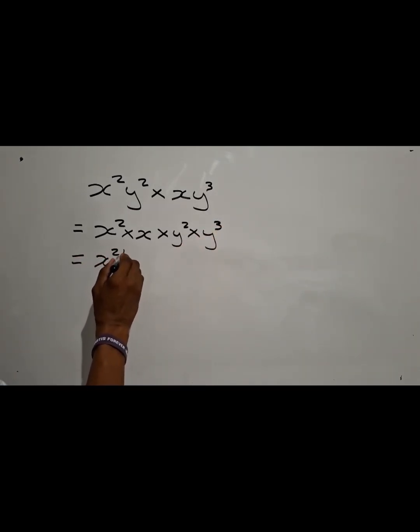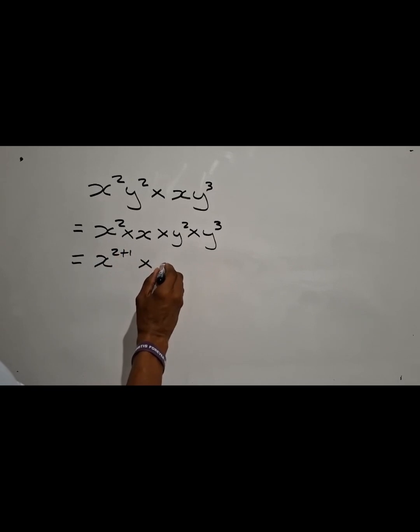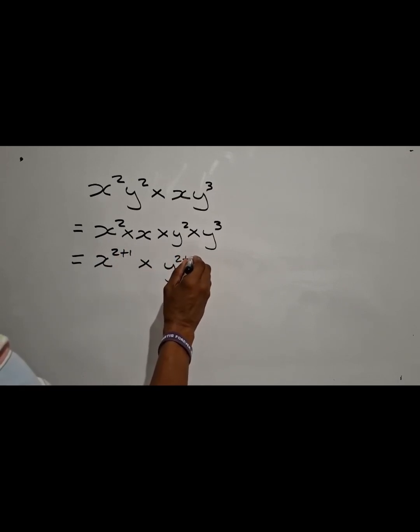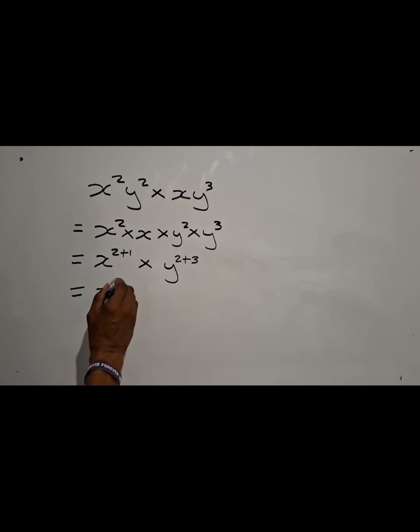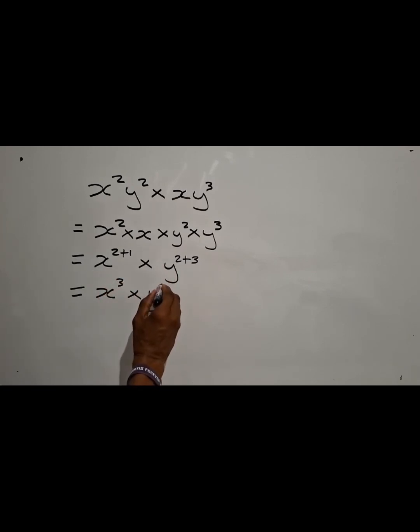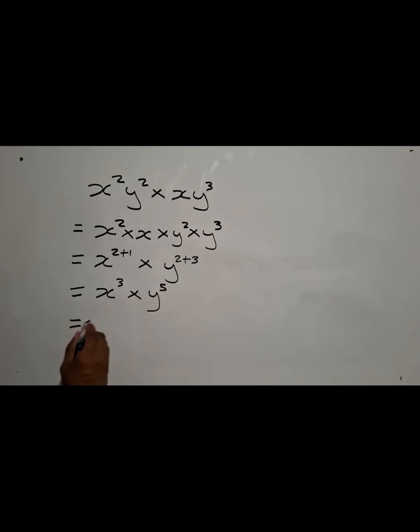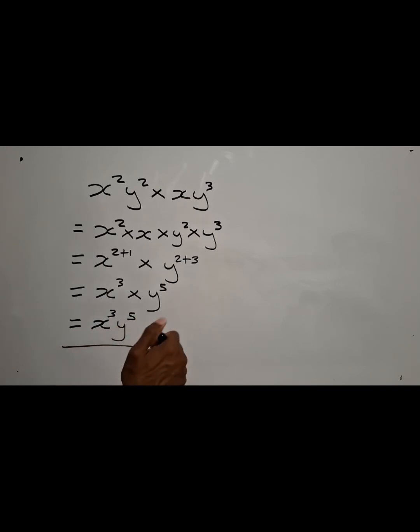So we have x raised to the power 2 plus 1 times y raised to the power 2 plus 3. Remember, we add the powers once the letters are the same and the numbers are the same that we're multiplying. So in the end, we have x raised to the power 3 and y raised to the power 5. So we have x cubed, y to the 5th.